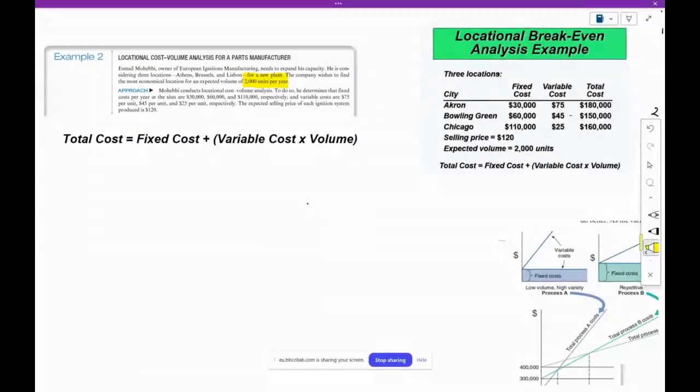Oh guys, I've heard my own voice. 30,000, 60,000, and 110,000 respectively. And the variable costs are as follows: 75 per unit, 45 and 25. The expected selling price for each ignition system is 120. Okay.